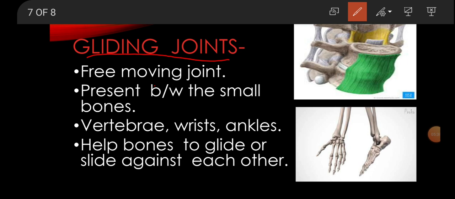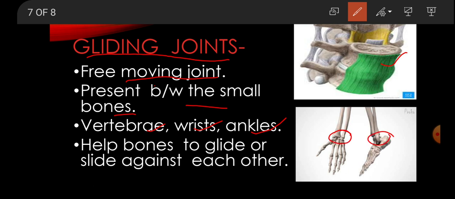Gliding joints. It is one of the free moving joints and it is present between the small bones such as vertebrae, wrist, ankles. Look at this picture here. You can see vertebrae and in this picture wrist and ankles.